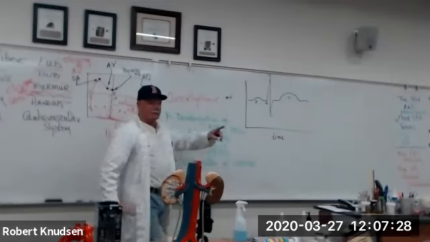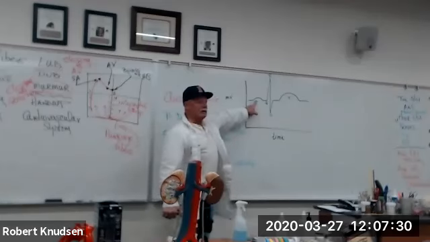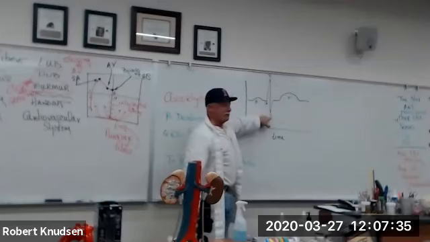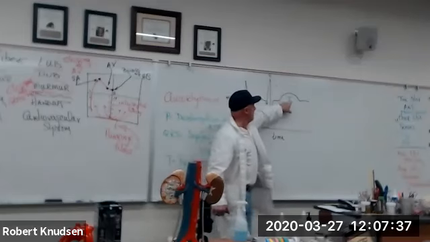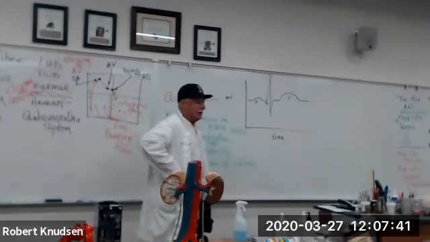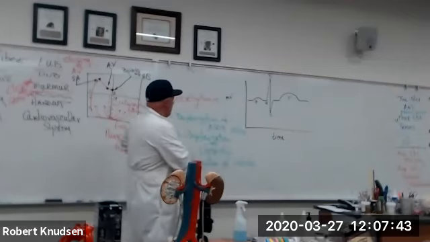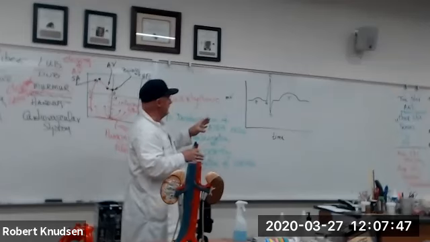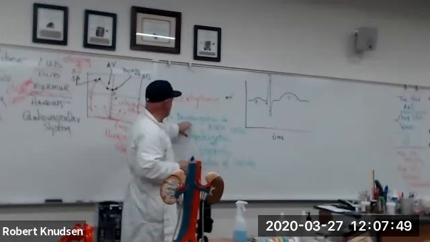Okay, watch. Depolarization of the atria. Depolarization of the ventricles. Repolarization of the ventricles. So your question should be, where's the measure of the millivolts for the repolarization of the atria?